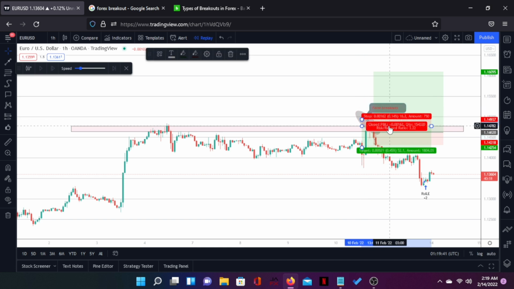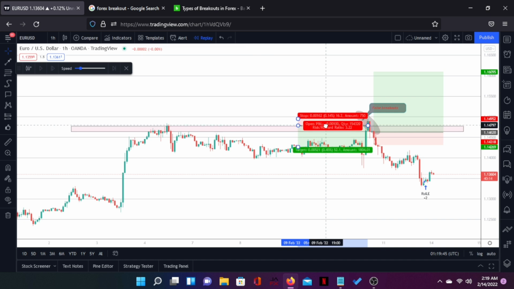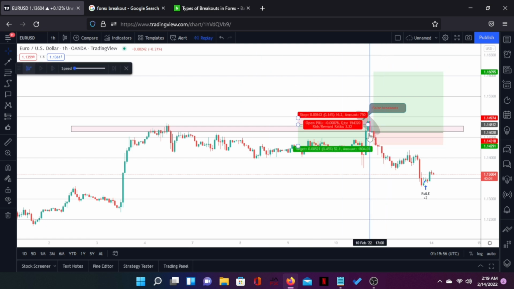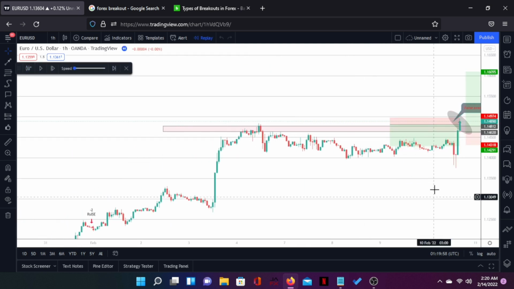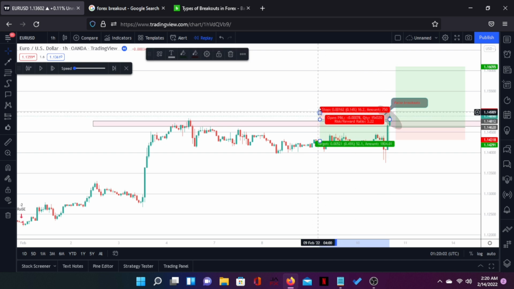I'm still going to tell you guys what I do and how I avoid this, but I'm going to show you on another currency pair. This time, false breakouts happen on horizontal or diagonal levels on your chart.